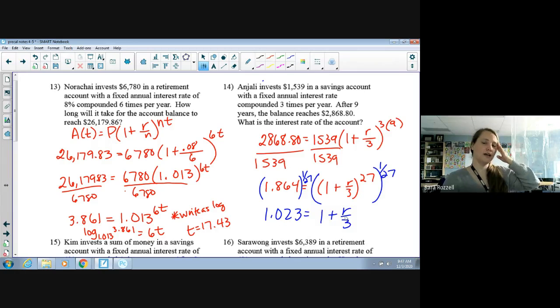That's 1.023. And then to get r by itself at this point, we subtract the 1 and then multiply by 3. So y'all can finish that one.